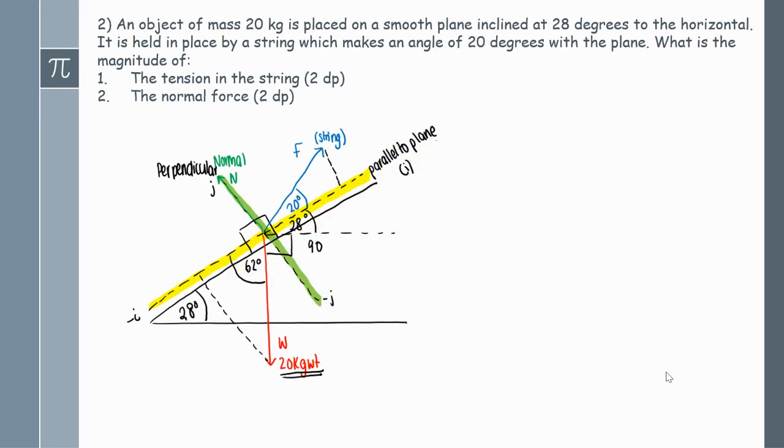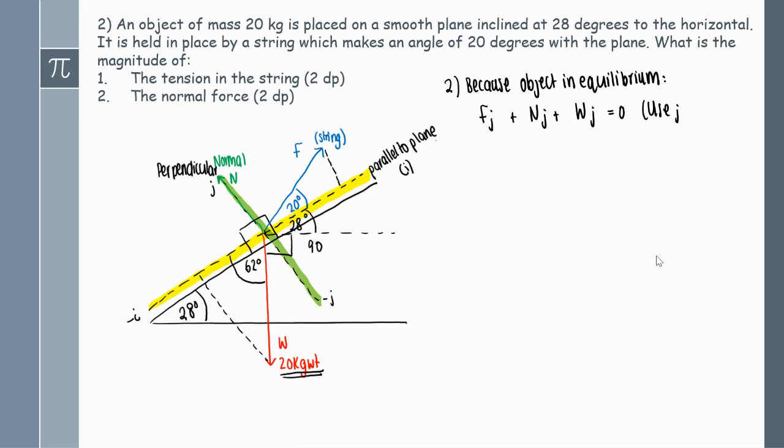Lastly, we need to find the normal force here and the magnitude of this force. So because this object is in equilibrium, we also know the sum of the j components will equal 0. We're going to use this to find the normal force in this question. And I tend to use the sum of the j components for the normal force because the normal force is in that perpendicular direction to the plane.